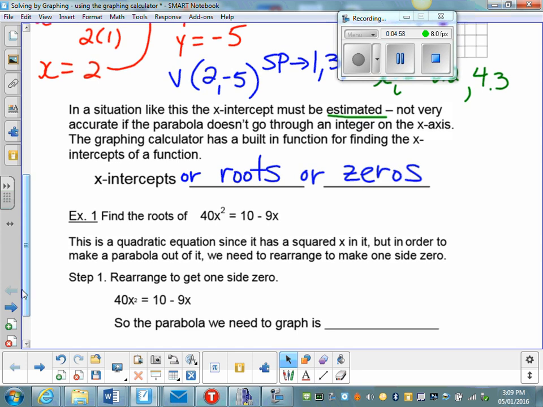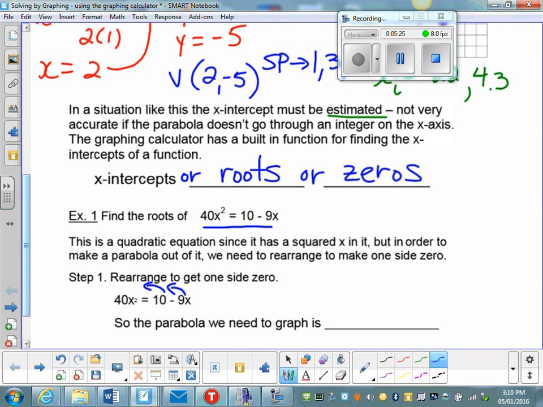All right, so let's say that we get an equation like this that says find the roots of this equation here. It's a quadratic equation because the x is squared in it, so we can't isolate the x. We're going to rearrange it and make one side equal to 0. So I'm going to move the minus 9x and the 10 to the other side.